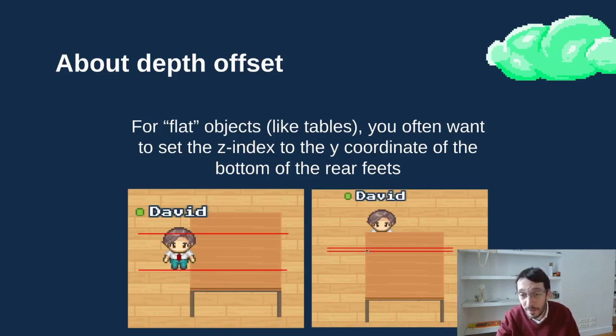If, however, my Woka is above this line, then I want the Woka to be displayed below the table, and I don't want the Woka to walk upon the table. So basically, this line here is the magic line: when my Woka passes it, he must be displayed on top of the object.